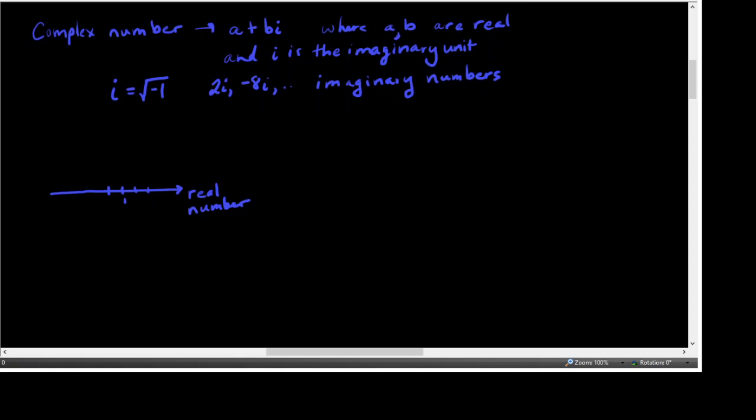And then if we were to draw another axis perpendicular to that axis and go through at 0, we might consider that number line to represent the set of all imaginary numbers.